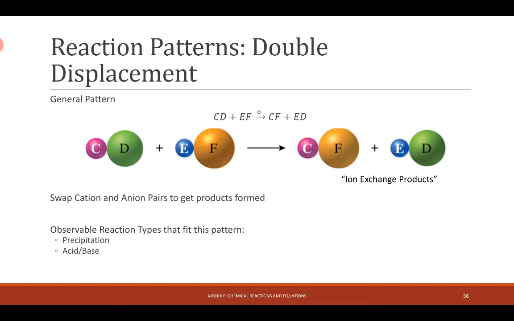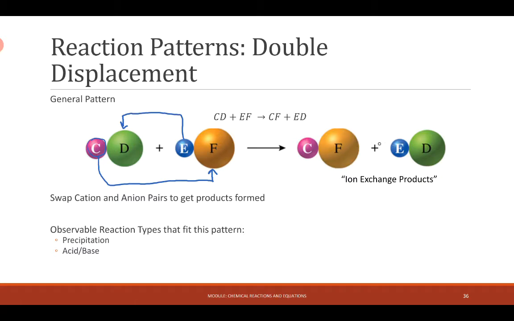In a double displacement reaction, you have your cations and anions switch partners. And so we know our cations are always listed first, and so our cations are A and E. And so once we finish this chemical reaction, C here will now be bonded to F, and E will be bonded to D, so that we still have cations and anions, but now they're swapped with their partners.